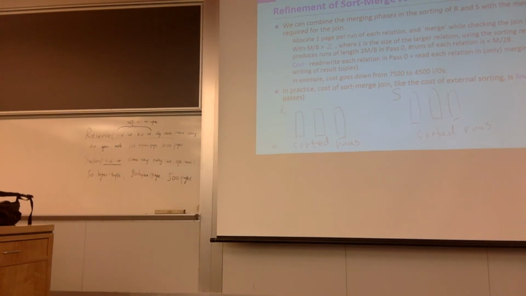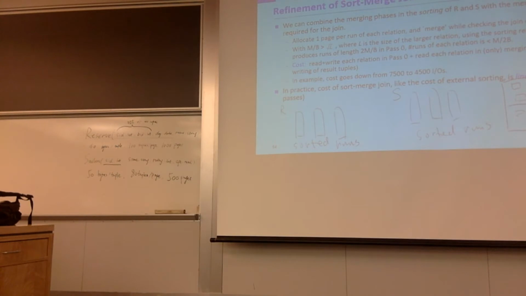In your buffer pool, you split your entire buffer pool into two parts. One part is for the runs of R, and the other part is for the runs of S. Then for each run, you create a buffer page for input. Suppose this is for R, this is for S, and then you have a bunch of these.